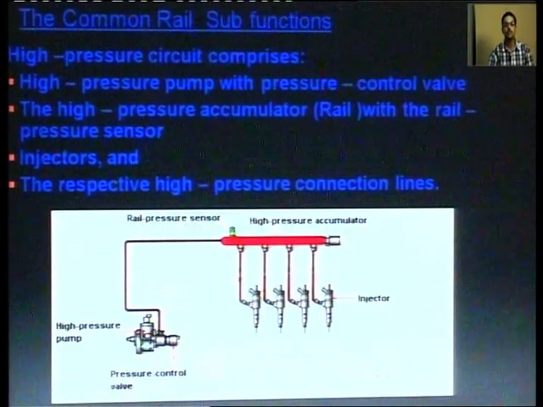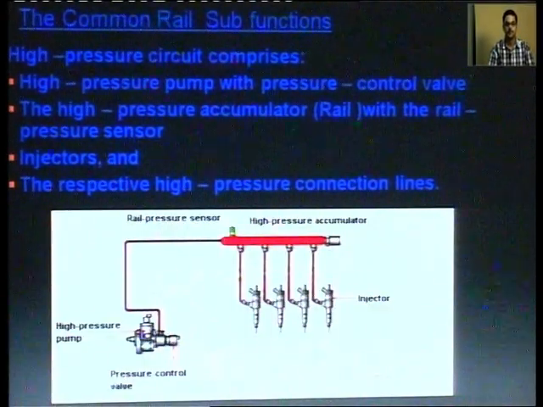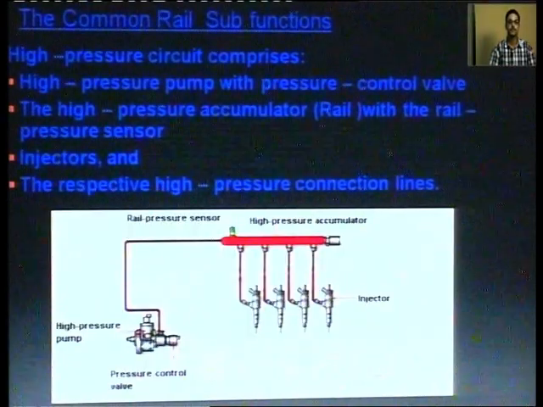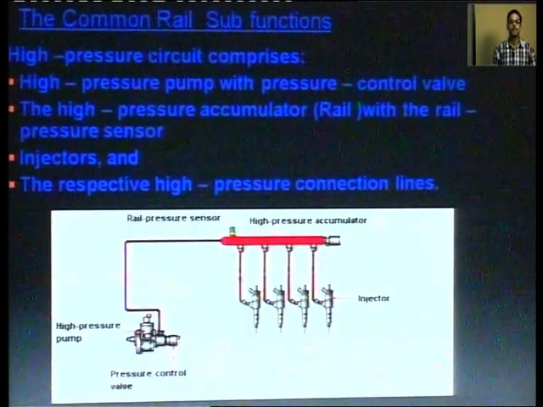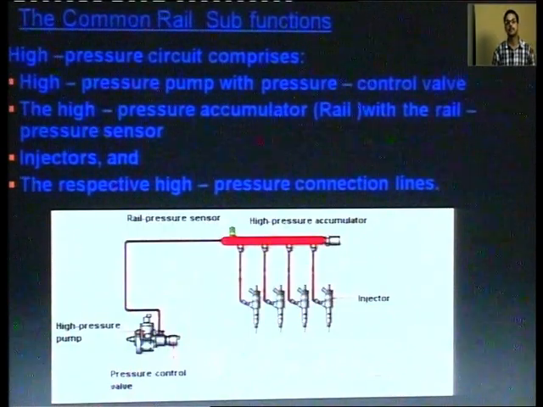The high pressure accumulator with the rail pressure sensor. Injectors and the respective high pressure connection lines.